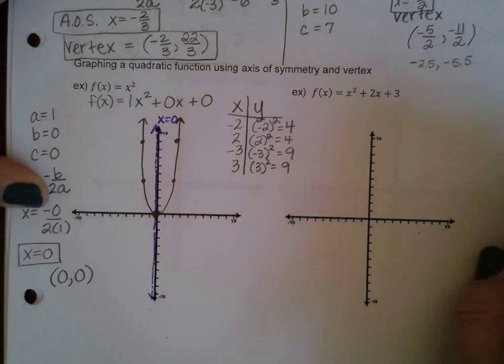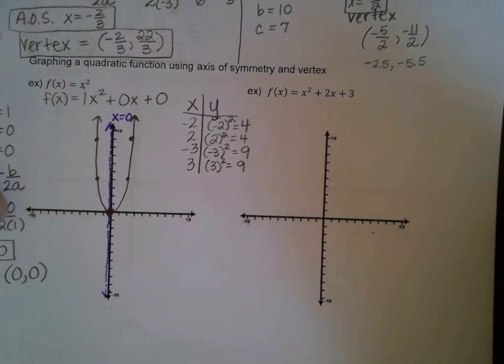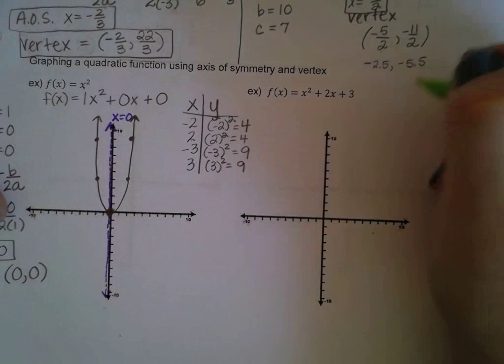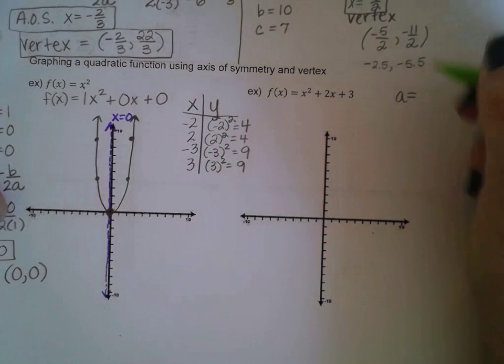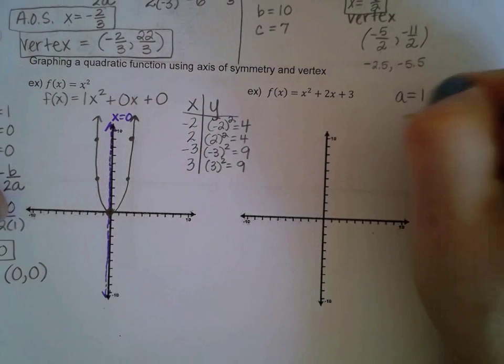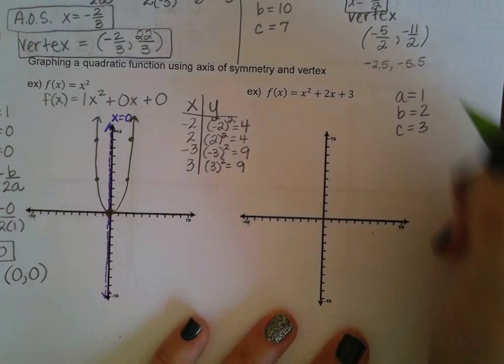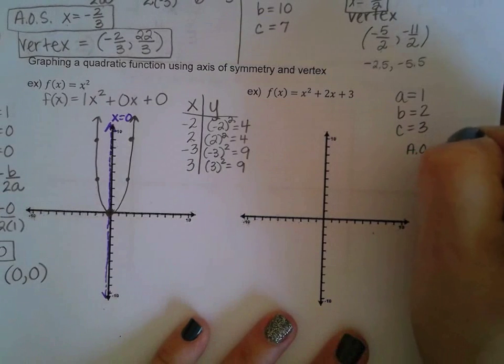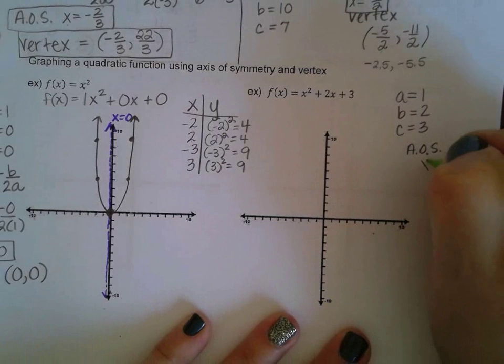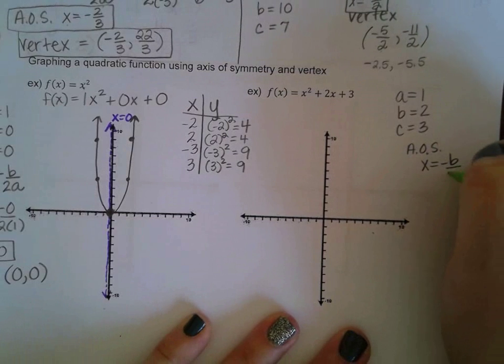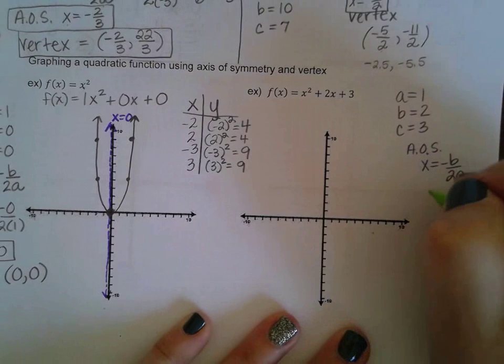All right, let's go on to this example right here, the last example. So a is the number in front of x squared, which is a 1. B is the number in front of x, which is 2. And c is 3. So we're going to find the axis of symmetry, which is x equals -b over 2a.